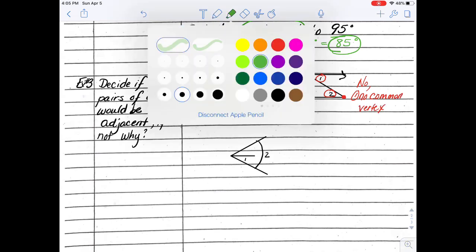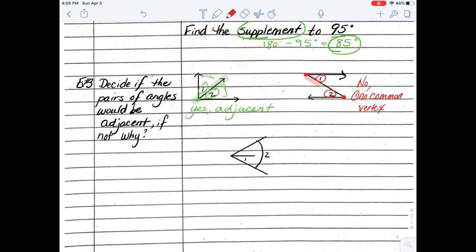Now, they do have a shared side, but if I don't have a common vertex, it doesn't matter if they share a side. It's still no. Their interior angles don't have any common points, so that doesn't matter either. Again, if I don't have a common vertex, it doesn't matter if the rest of the things are true or not. This would be a no.